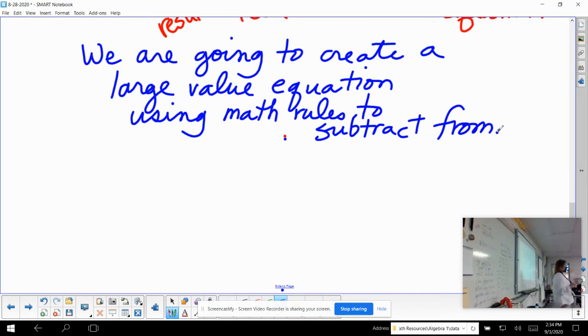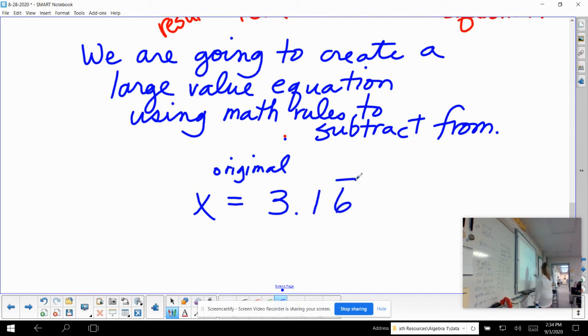Because that's how we'll get rid of the repeaters, is subtracting them out. So we got to create something even bigger than 10 times x. I'm going to write my original again, out of sight. What was it, 3.16 repeating? Yeah. Okay.